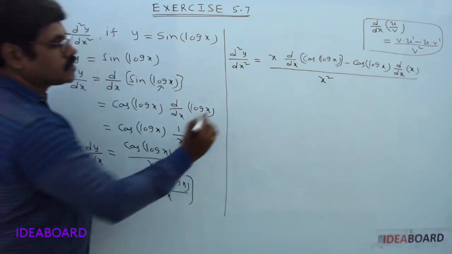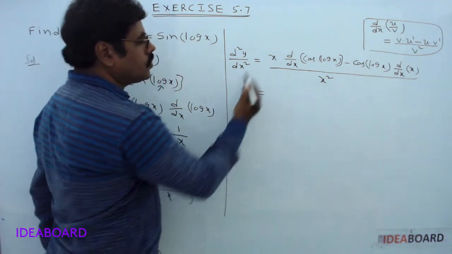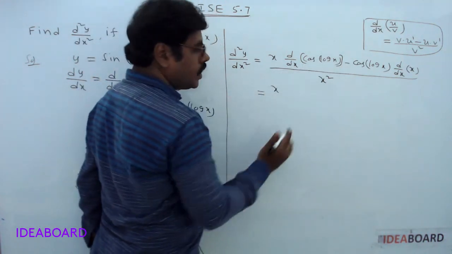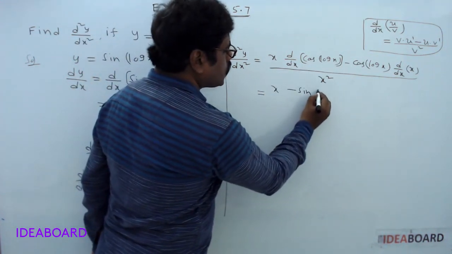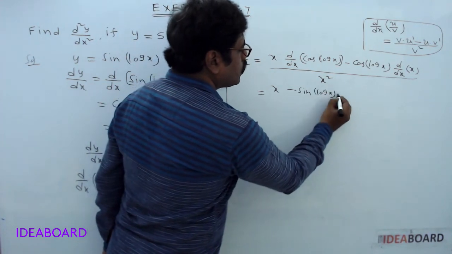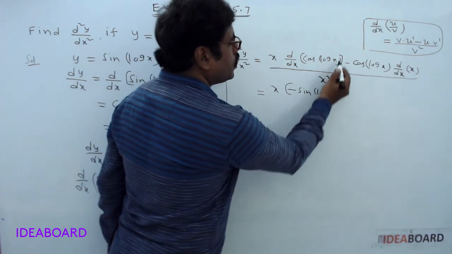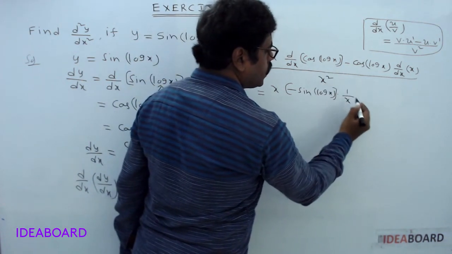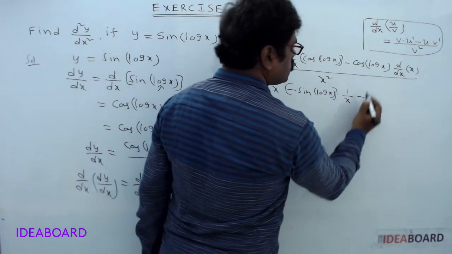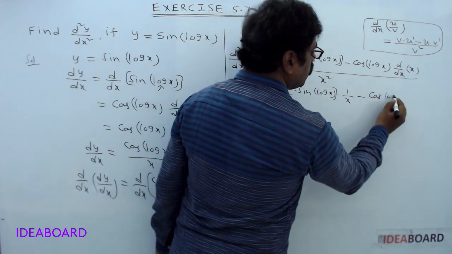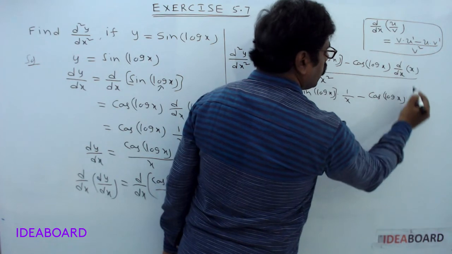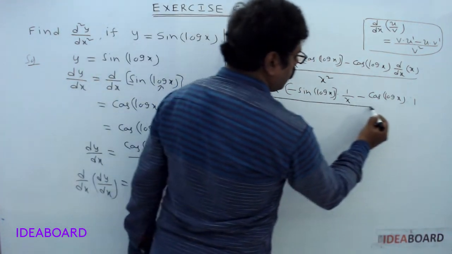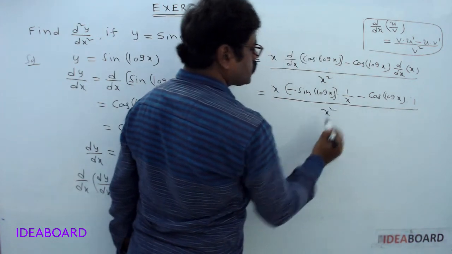Now come to the simplification part. This equals x into the derivative of cos of log x, which is minus sin of log x into the derivative of log x. What is the derivative of log x? 1 divided by x. Minus cos of log x into the derivative of x. What is the derivative of x? 1, divided by x square.